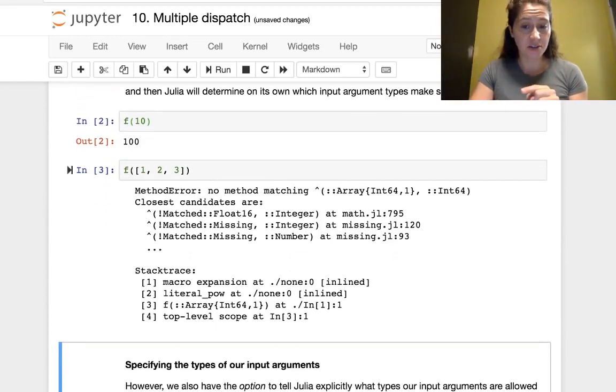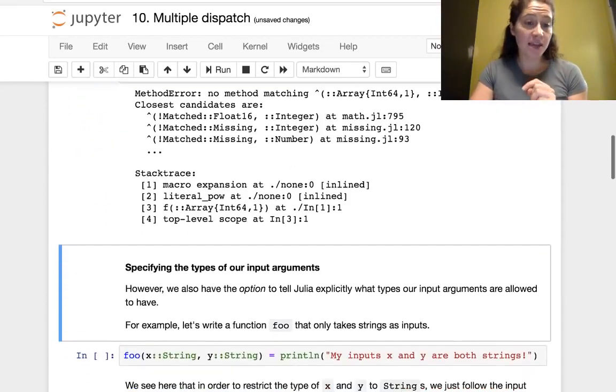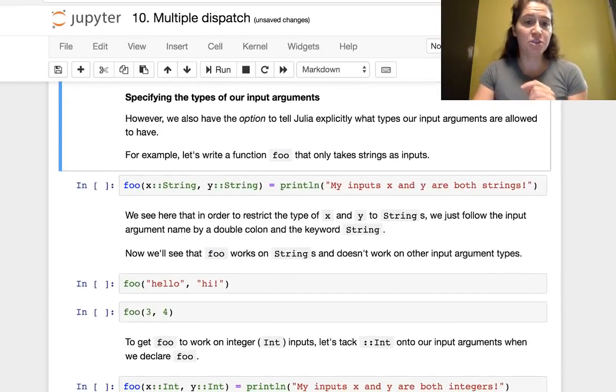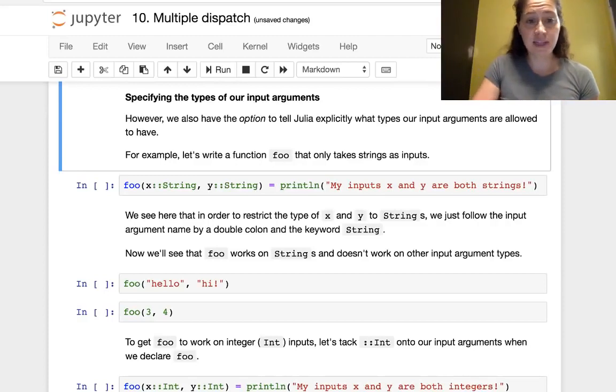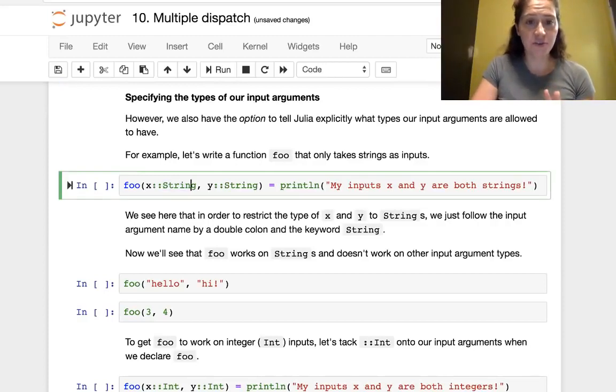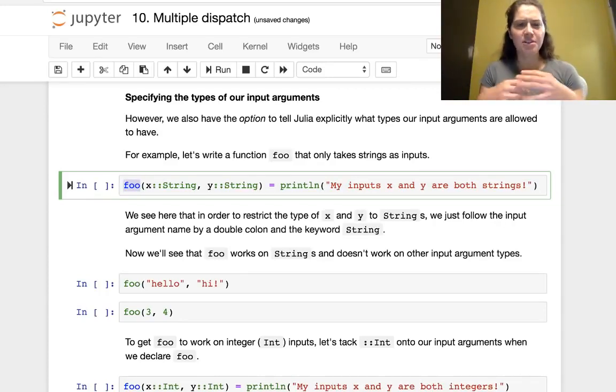Now, if we wanted to, we do have the option in Julia to specify the types of our input arguments. That's what I'm doing in this example when I declare a function called foo. This is not at all a meaningful name. It's just some random function. The point is that I'm declaring some function that does something, and it takes particular types. In this example, foo is taking two strings, and it's going to print, when it gets called, that my inputs x and y are both strings.